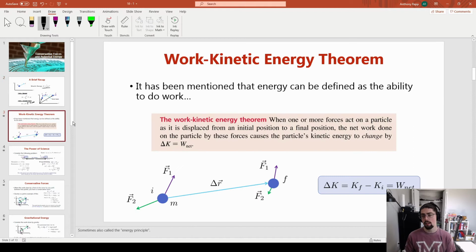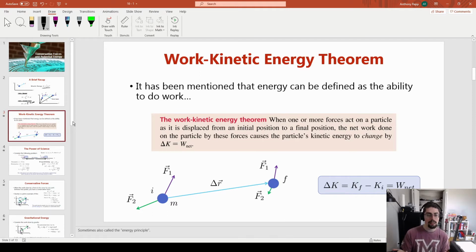And then there was this fancy little theorem here. The work kinetic energy theorem is the idea that exactly what I said. Anytime I put work into an object, then the change of kinetic energy is equal to the work done on the object. That is to say, if something is already moving, it already has some kinetic energy. If I start to push on it while it's moving, then it'll change the kinetic energy.